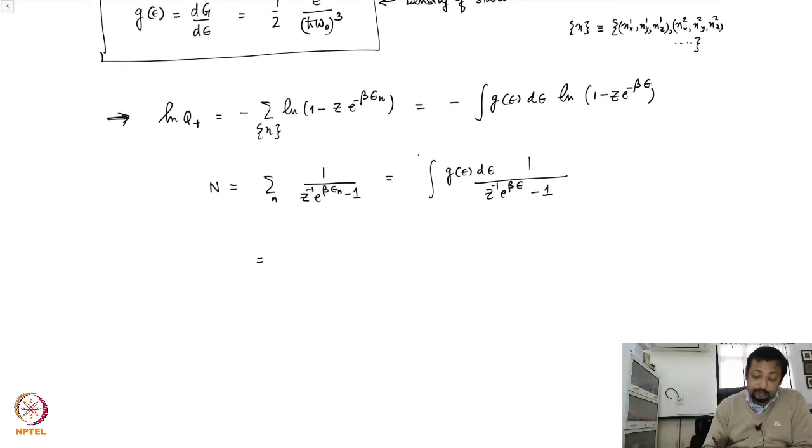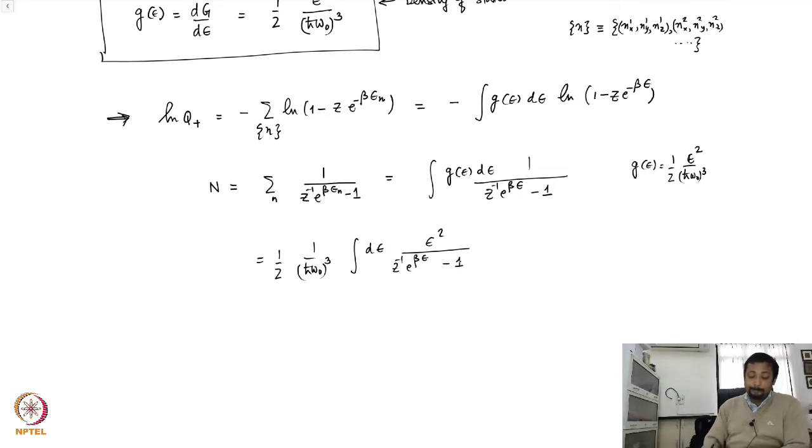That we plug in the expression for g(epsilon), which was half 1 over (h bar omega naught) whole cube times epsilon square. So I have a half factor 1 over (h bar omega naught) whole cube, and then I have integral of d epsilon epsilon square divided by z inverse e to the power beta epsilon minus 1.